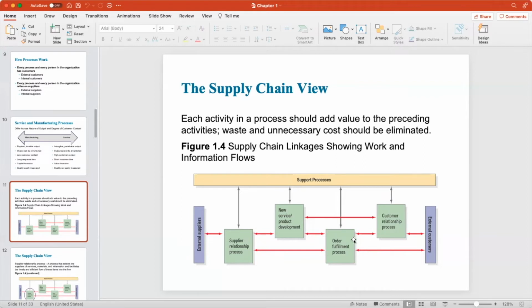Once all the products are done, or once the service is ready, we deliver to the customer, and the customer will definitely have their experience and feeling about what this product is, how this product is, and how the service is.